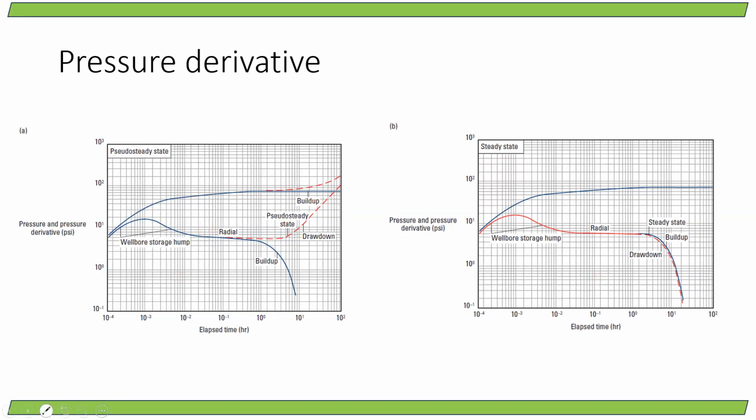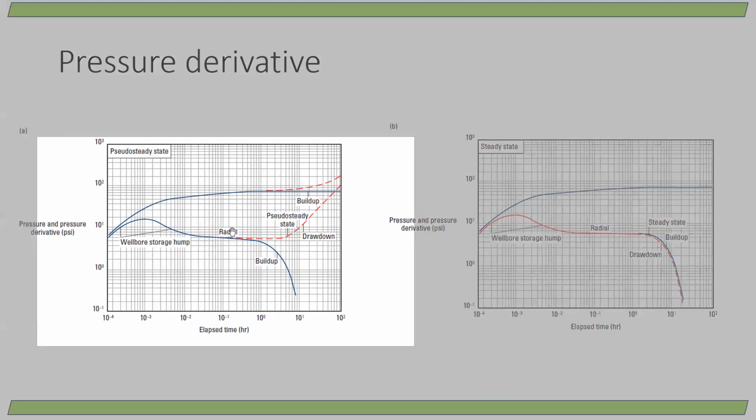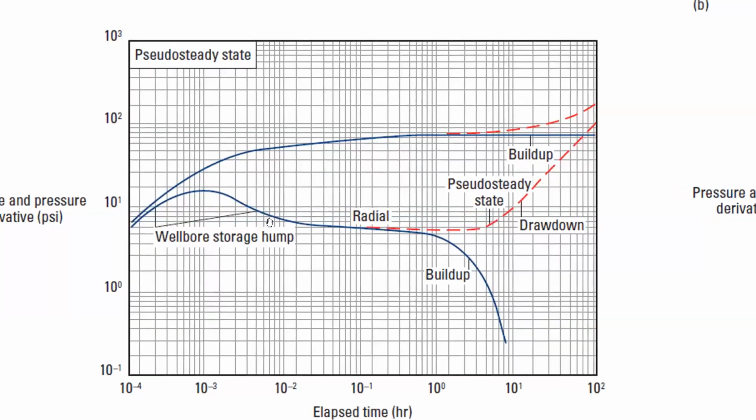You can see the hump, the wellbore damage; it has been written as wellbore storage hump. After that, it has taken a linear slope that reflects a radial flow mechanism. After that, if it is a drawdown curve moving to the top, that is the indication that the reservoir has reached pseudo steady state flow.